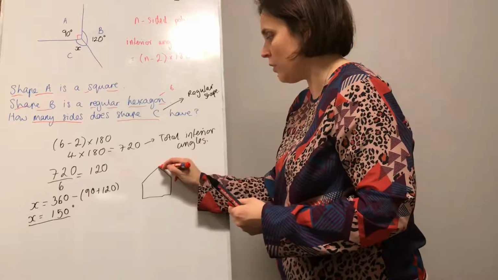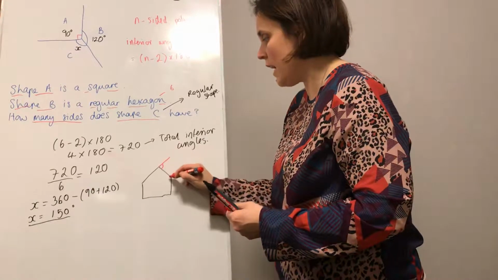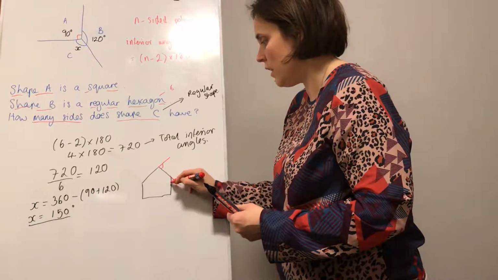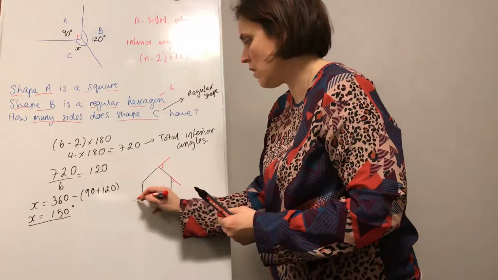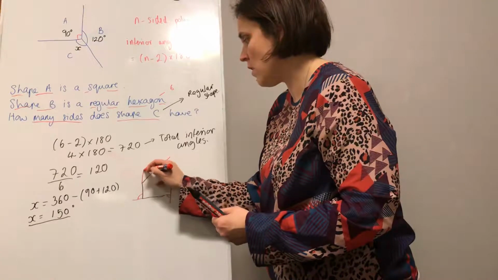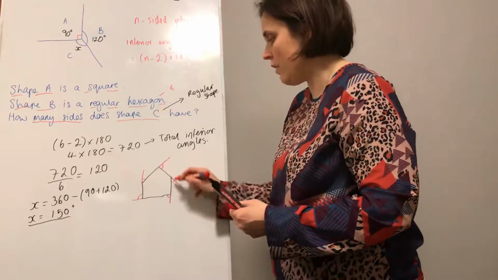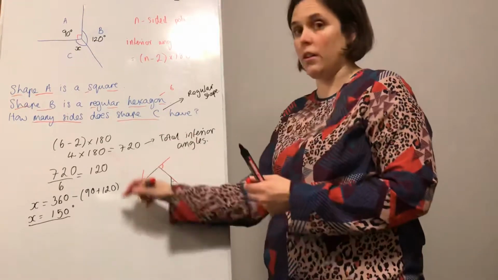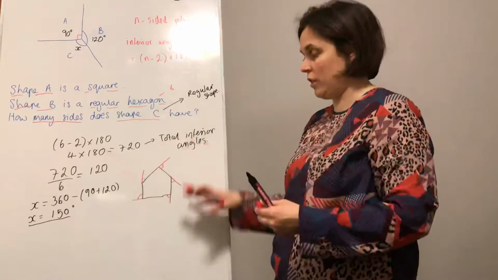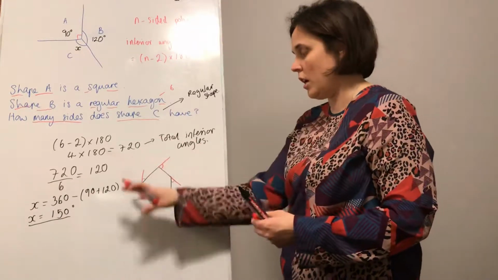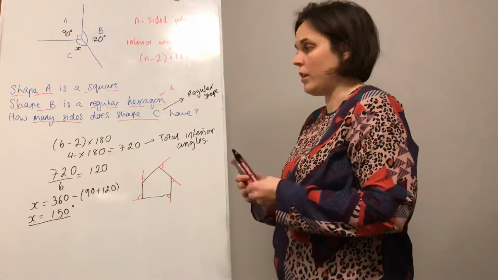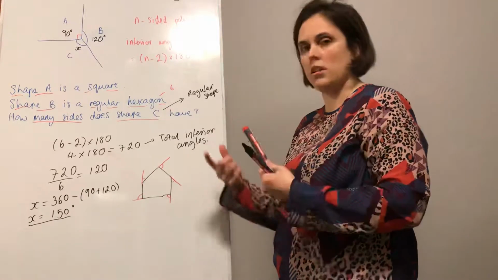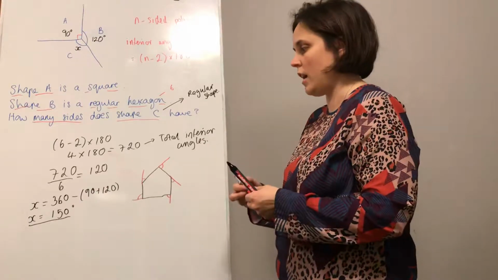The exterior angle is if you extend each of the lines in the same direction, like so. So that would be the exterior angles. You could also go the other way, but whichever way you go, you have to go in the same direction. So I've gone clockwise. They all add up to 360 degrees, regardless of the number of sides that you have.